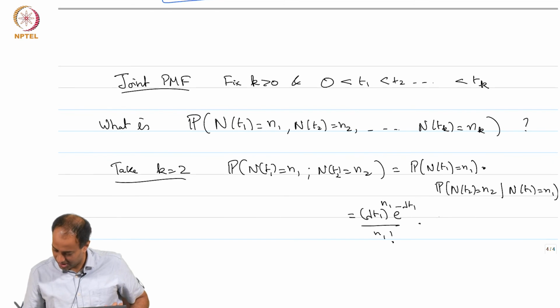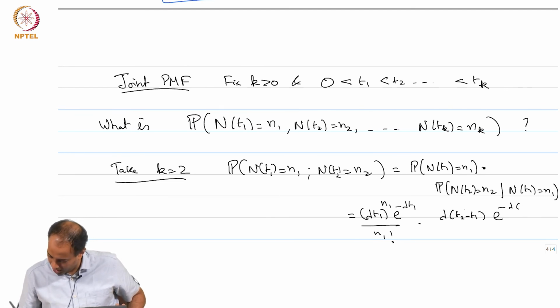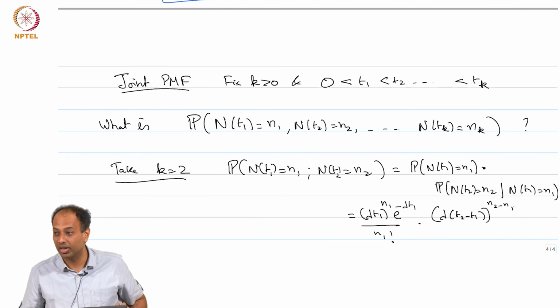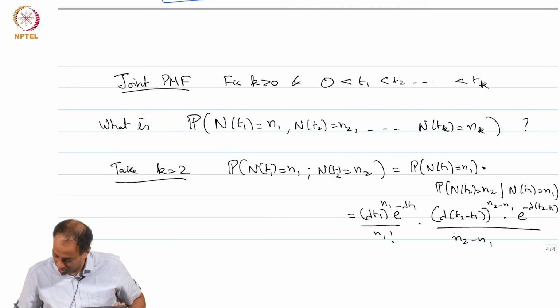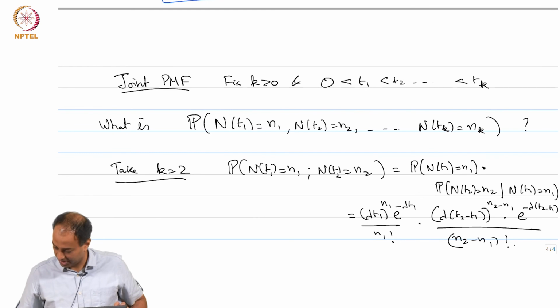So let me write this: (lambda (T2 minus T1)) whole to the n2 minus n1, since you want n2 minus n1 arrivals in the interval T2 minus T1, times e to the minus lambda (T2 minus T1), over (n2 minus n1) factorial.